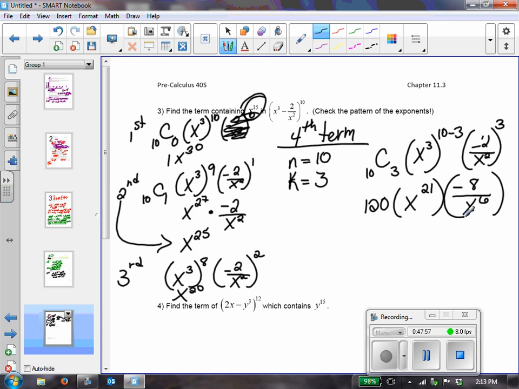Everybody okay with the math that I did at this point? I got some nodding heads. I've got some people doing something else. So this is like saying negative 8 times 120 is going to be negative 960. And then I've got x to the exponent 21 divided by x to the exponent 6. So negative 960 x to the exponent 15.